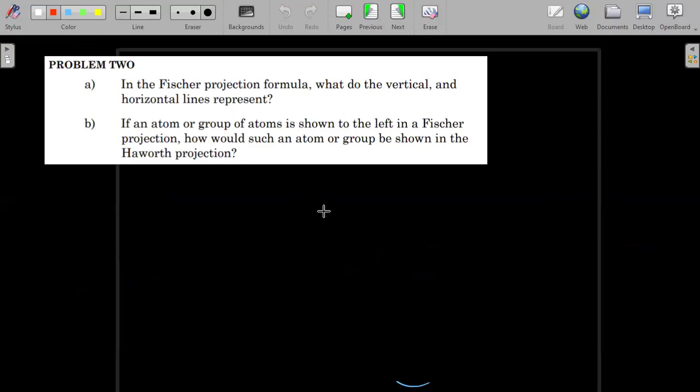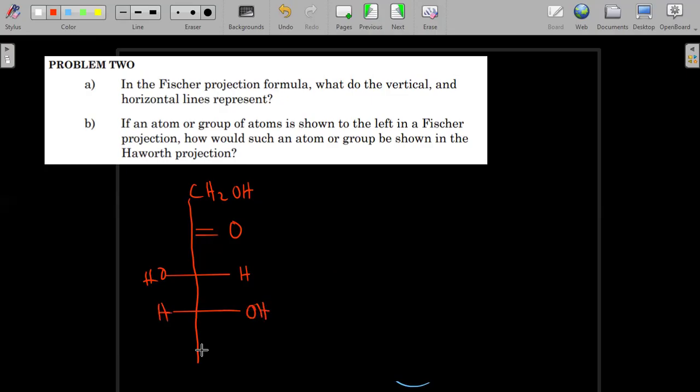Okay, and then we go to question 2 now. Question 2, they are saying, in the Fischer projection formula, what do the vertical and the horizontal line represent? Okay, so a Fischer projection is something that will be in this form. You can have CH2OH there, and then maybe double bonded to oxygen there, and then you have these bonds where I can have H there, OH, and then H, and then OH, and even here I can have CH2OH.